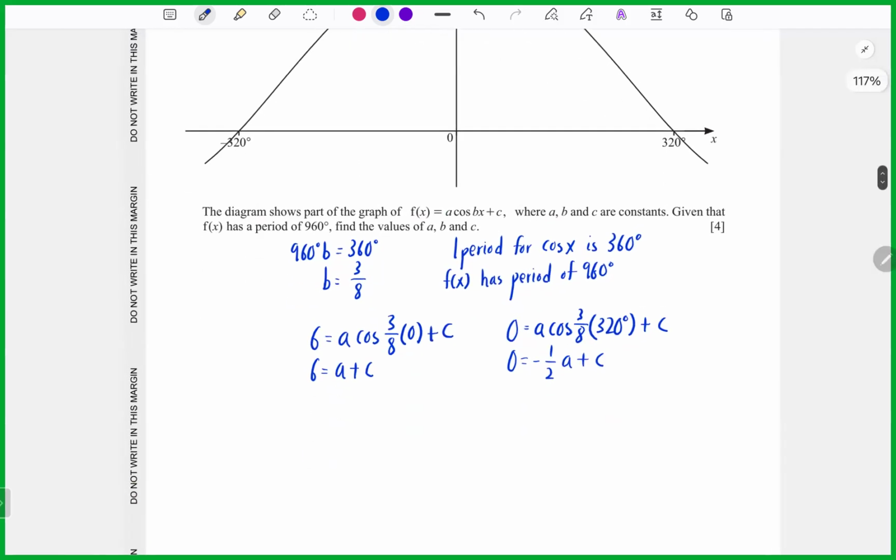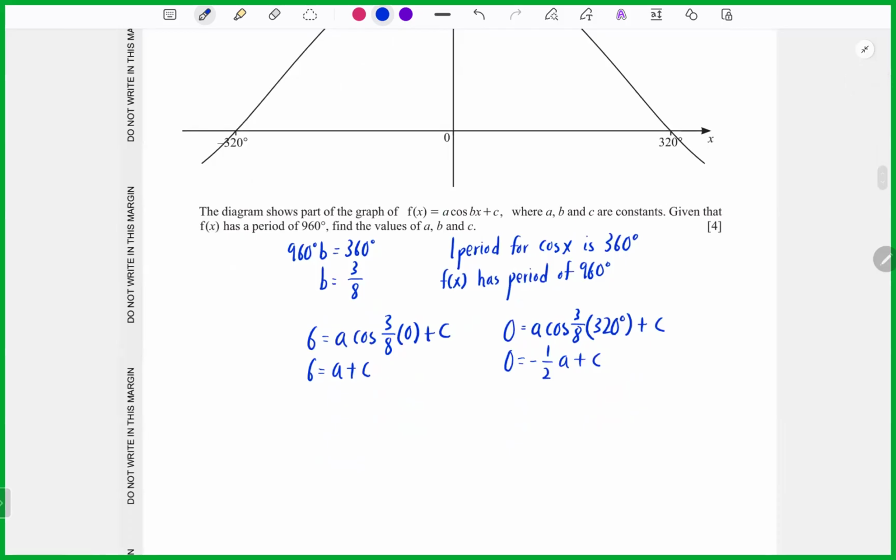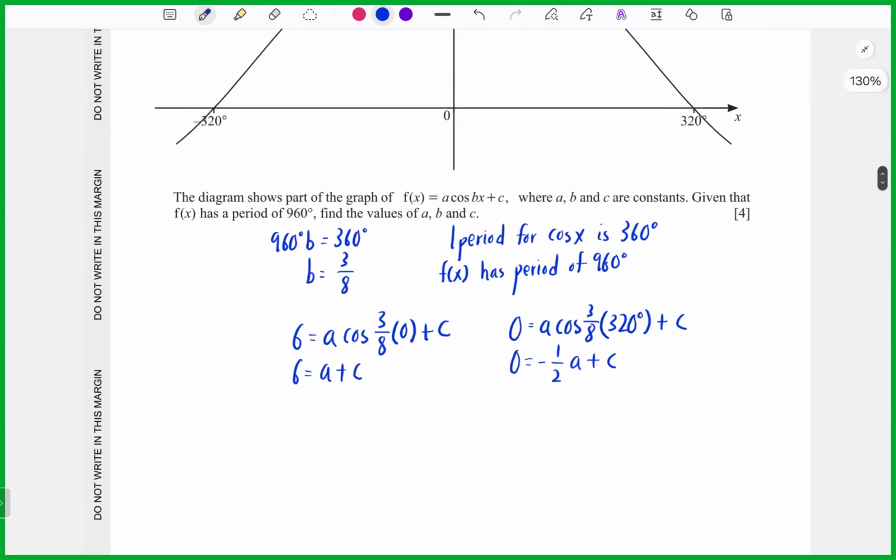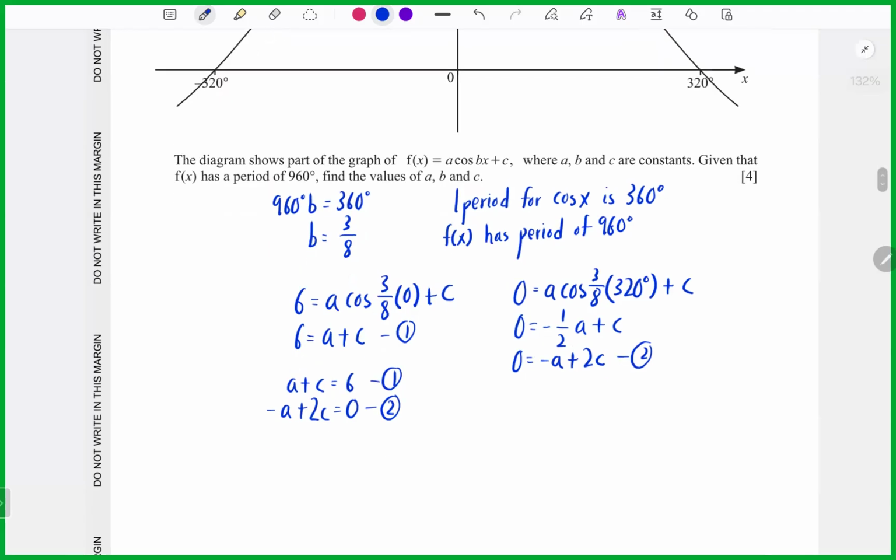So we can do some simultaneous equations here. 0 equals negative a plus 2c. So actually I can use the elimination method. a plus c equals 6, negative a plus 2c equals 0. Actually, I also can use substitution.